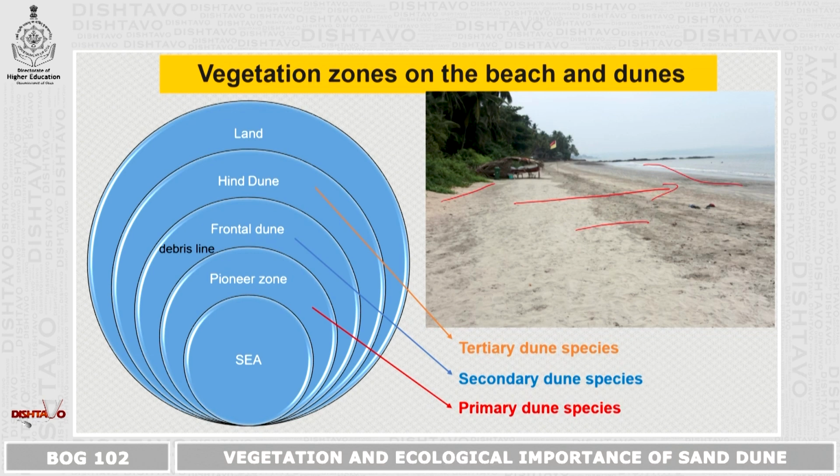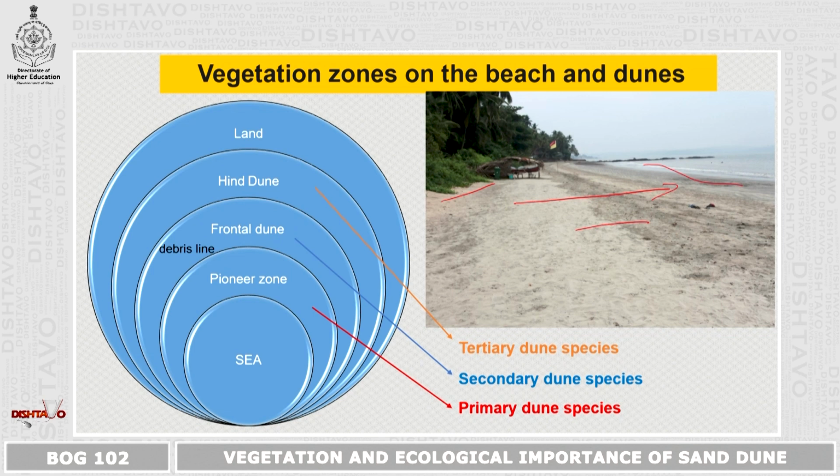A little further, we have the frontal dune, and on this zone, we will have the secondary dune species, which are a little higher than the first ones, that is the primary dune species. And as we go further in the third zone, that is the hind dune, as we have seen in the first diagram, there we get the tertiary dune species.